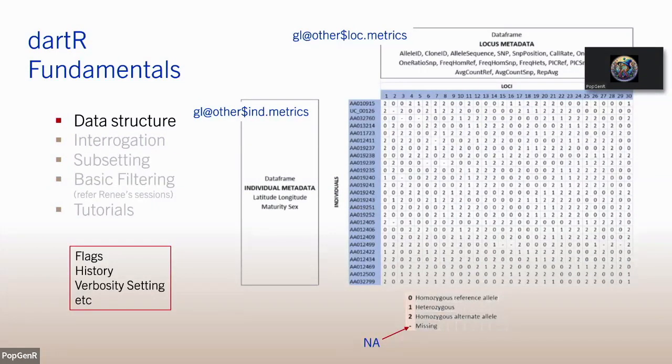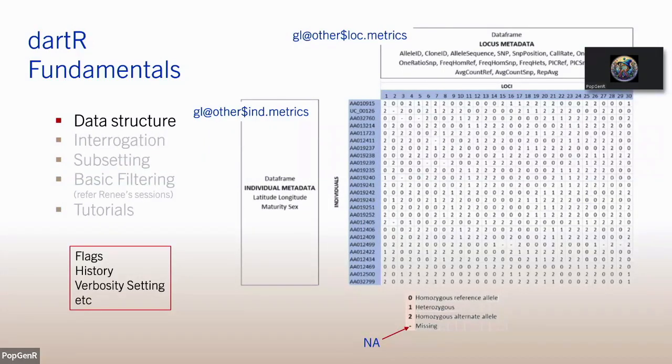It doesn't need to be calculated again. So there's a little flag that says it's been calculated and nothing's been altered that would make those values invalid. If you do something that makes those values invalid, the flag drops, and next time you go to access them, it recalculates them. So it saves computational time dramatically.